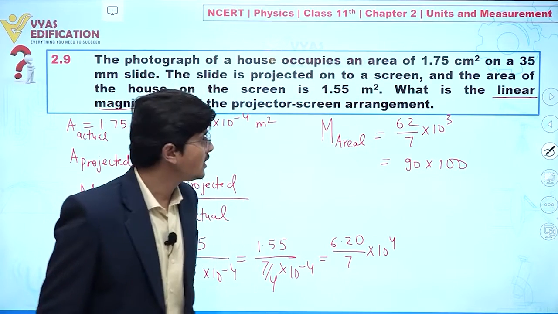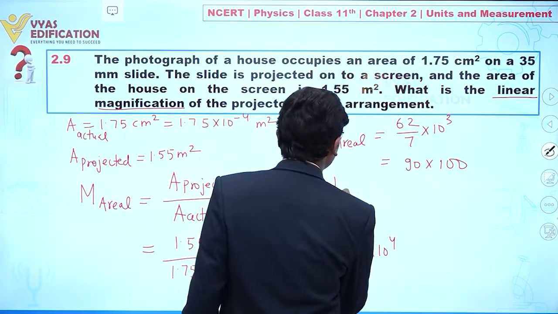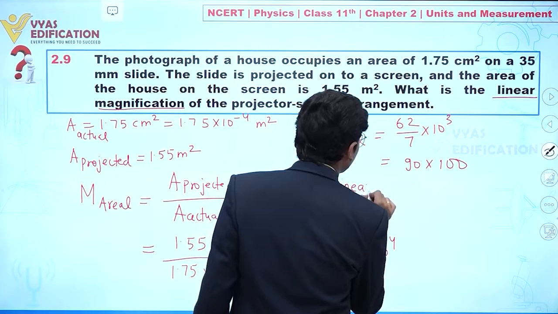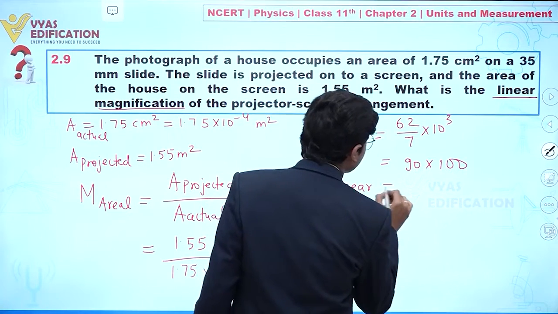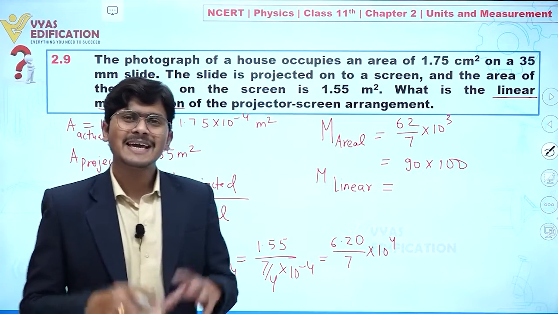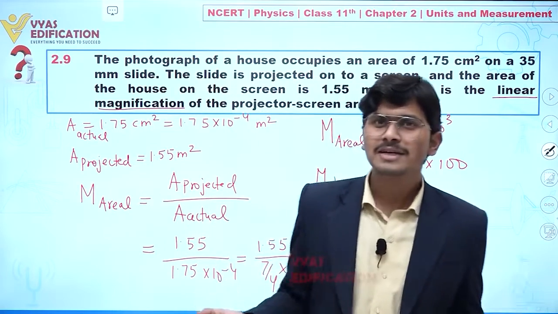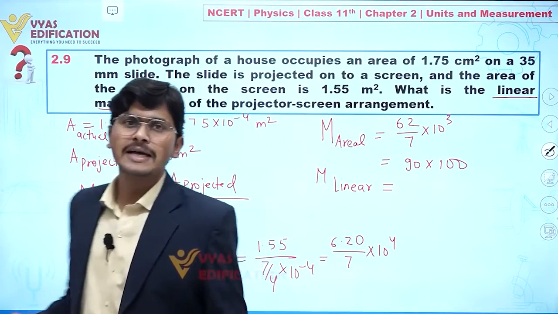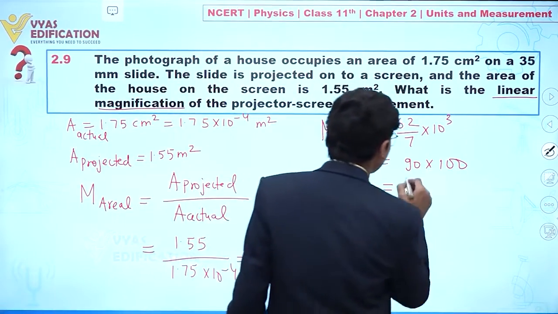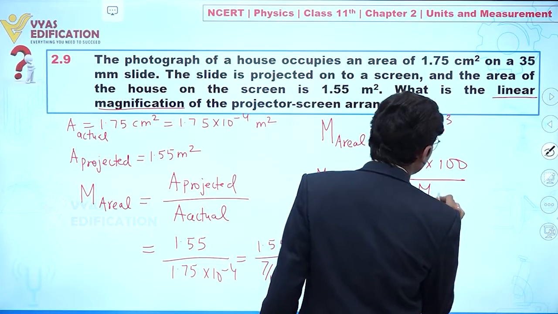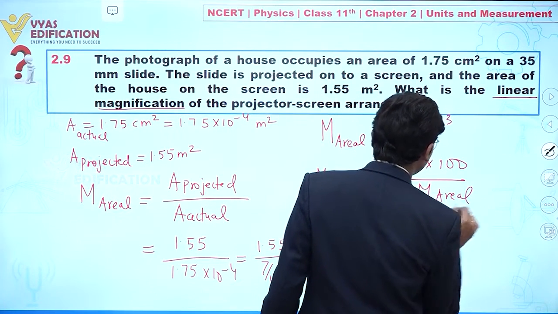Clear to you? So from here we can find the linear magnification. Now you can say area is actually length into breadth. At that time, if I am finding linear magnification, it should be equal to the square root of the areal magnification. Clear?